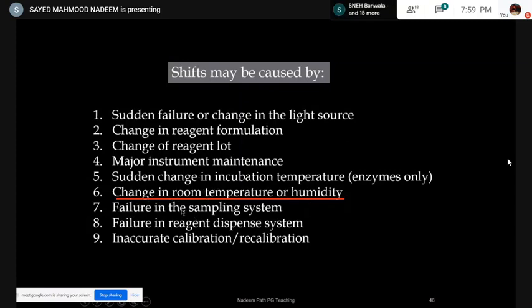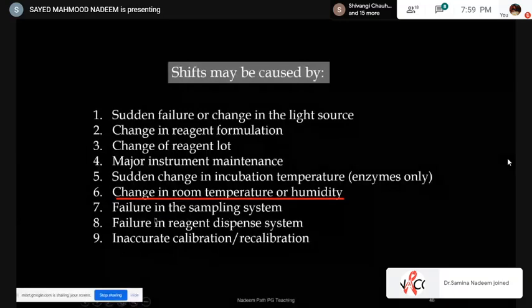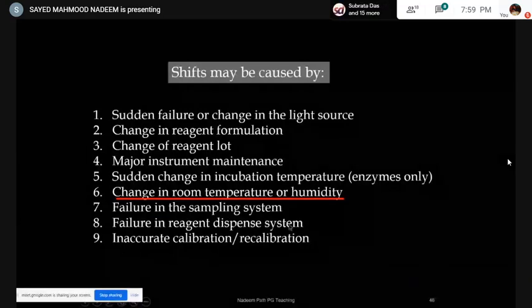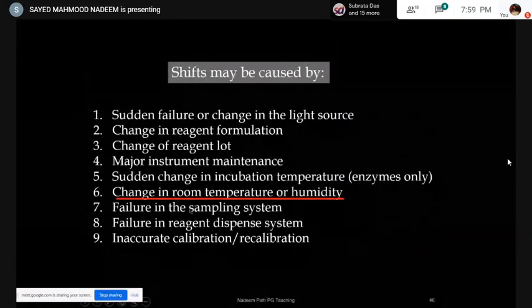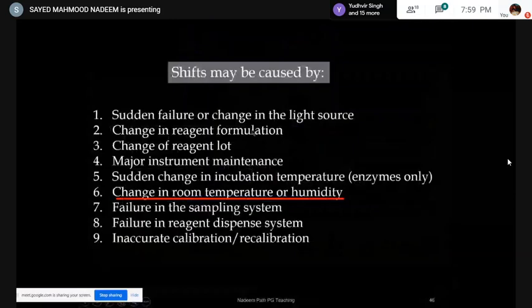Failure in sampling system, if your pipettes are not properly calibrated, failure in reagent dispense system, inaccurate recalibration. These are the 9 causes of shifts. So if you see a shift in your LJ chart, you try to look for and try to remove them, and this is very important for you.